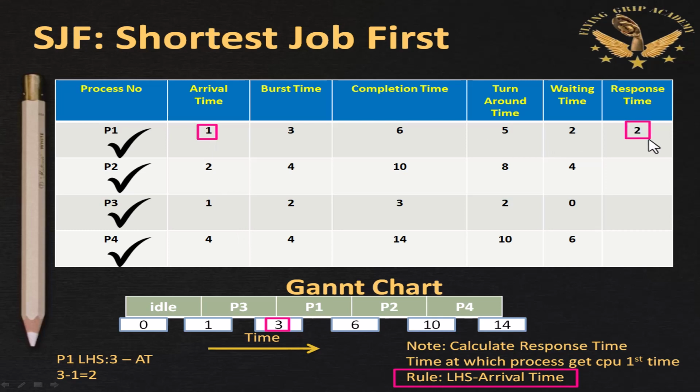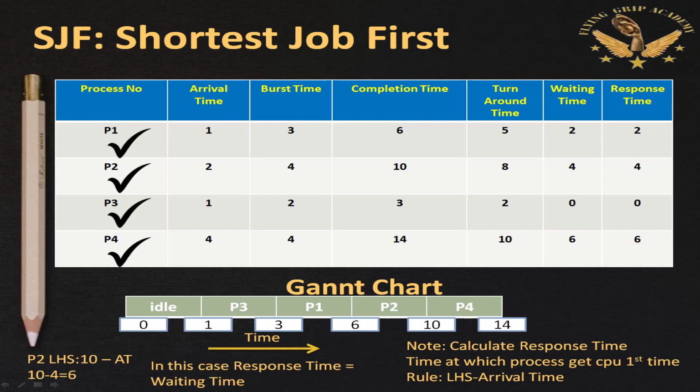Next P2: the left hand side of P2 is 6, so 6 minus 2, arrival time is 2, which is 4. Similarly for P3, the left hand side is 1, so 1 minus 1 is 0. Next P4: the left hand side is 10, 10 minus 4 which is 6. So we have calculated the response time.